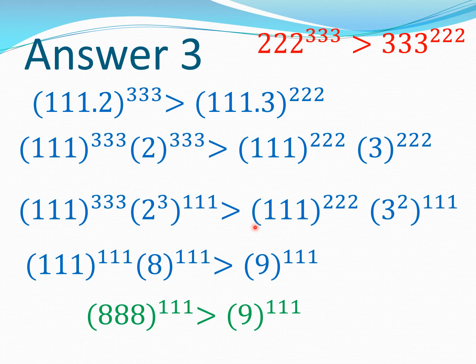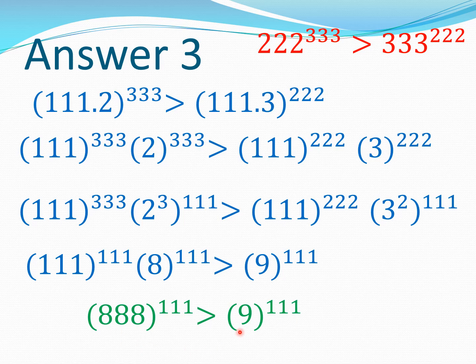So if I were to divide both sides of this particular inequality by 111 to the power 222, then I would get only 111 to the power 111 remaining on the left hand side. So now once I obtain this, I can of course combine these two because the powers are same. So I get 888 to the power 111 is greater than 9 to the power 111.